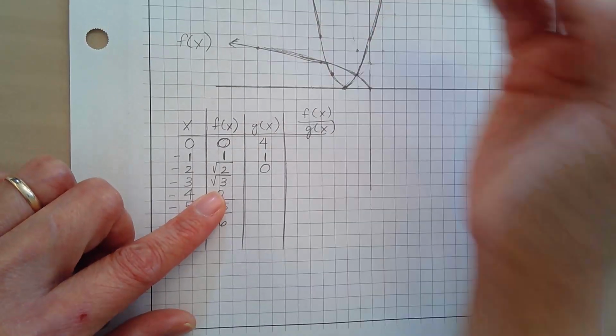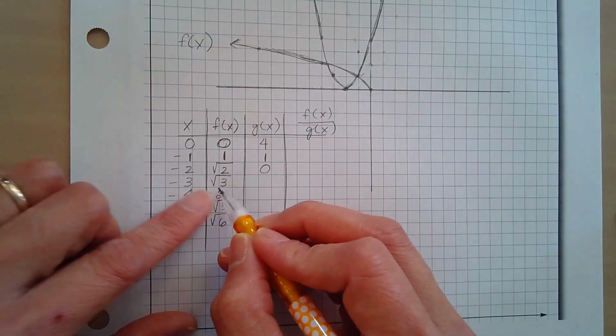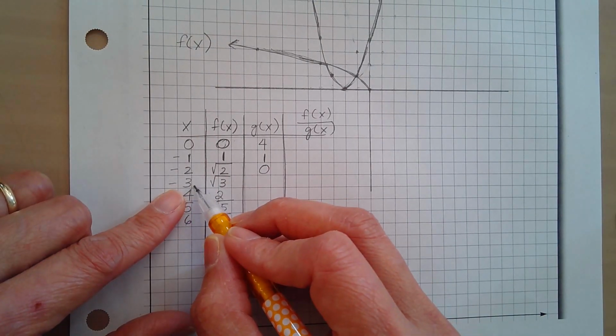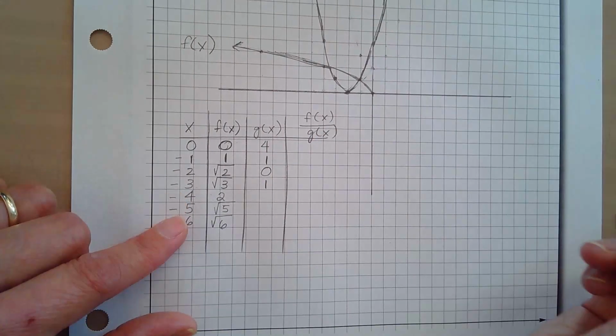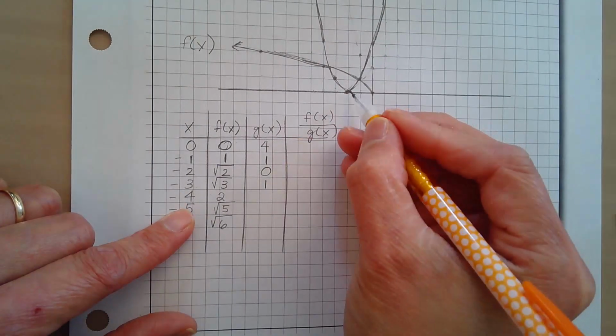If x is negative 3, it's going to be 1, negative 4, and so on.